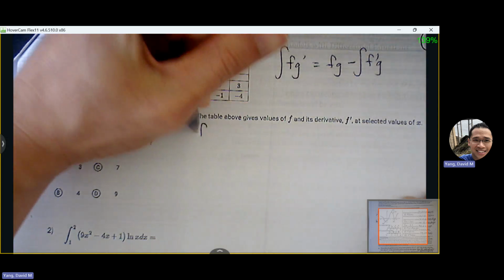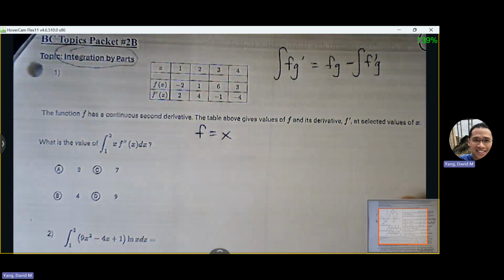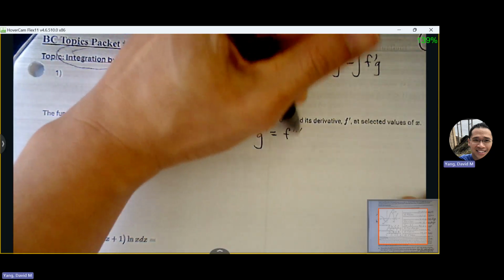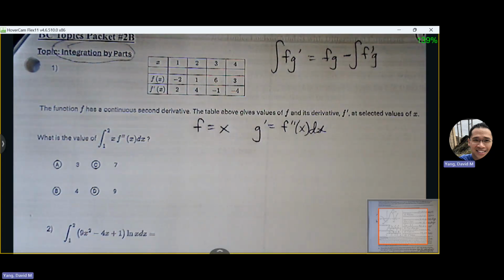So I'll let the f be the x, and I'll let the g prime be the f double prime. Now, on the f side, we're going to be building the derivative. On the g prime side, we're going to take the antiderivative. So we're going to make them go in opposite directions here.